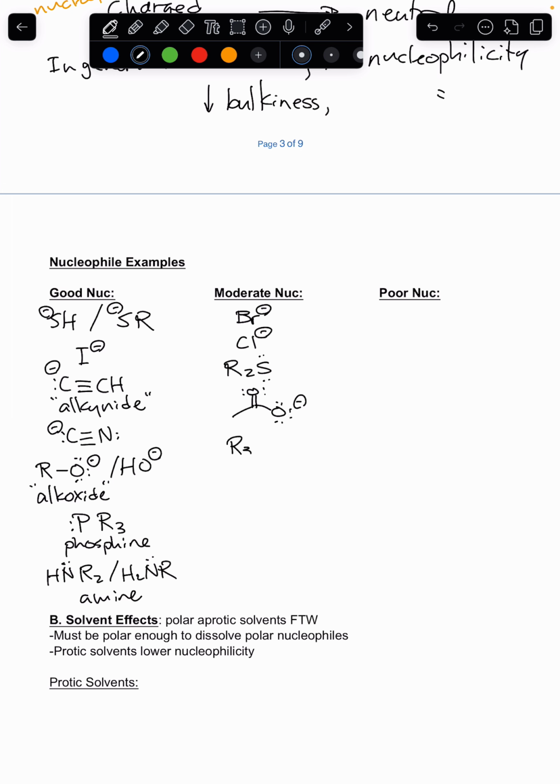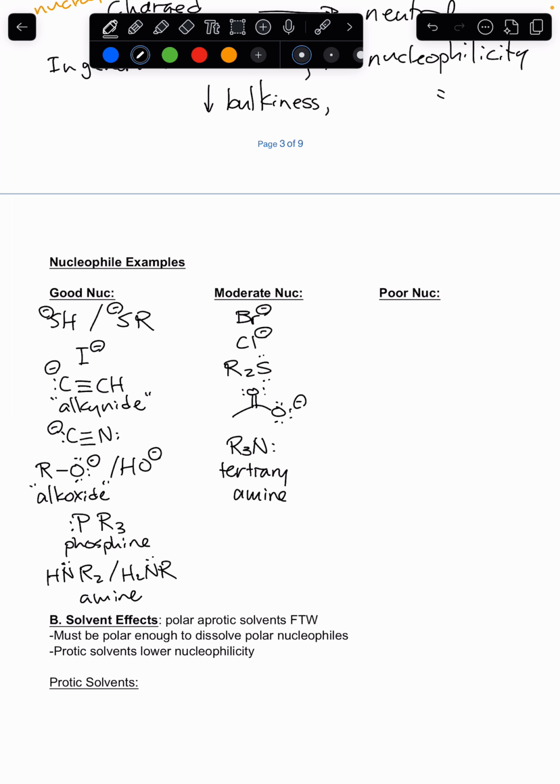And it depends on how bulky the R group is, but the triply substituted amines, these are called tertiary amines, are decent nucleophiles.